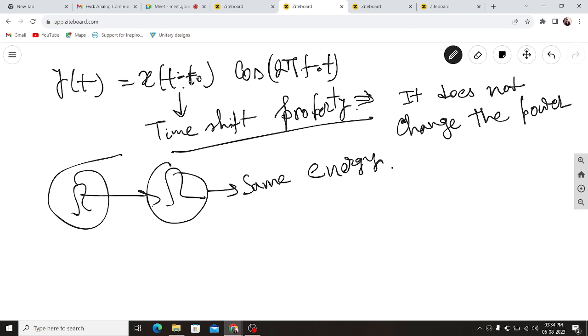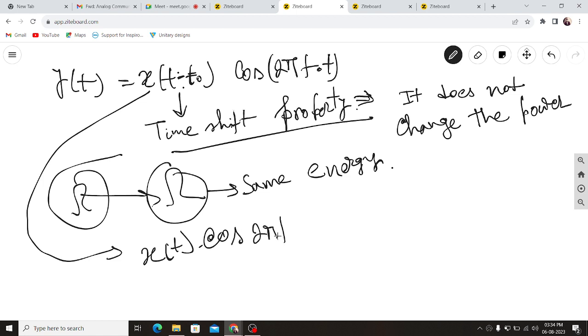So shifting by this t0 does not mean anything. It will have the same energy as x(t) cos 2 pi f0 t.